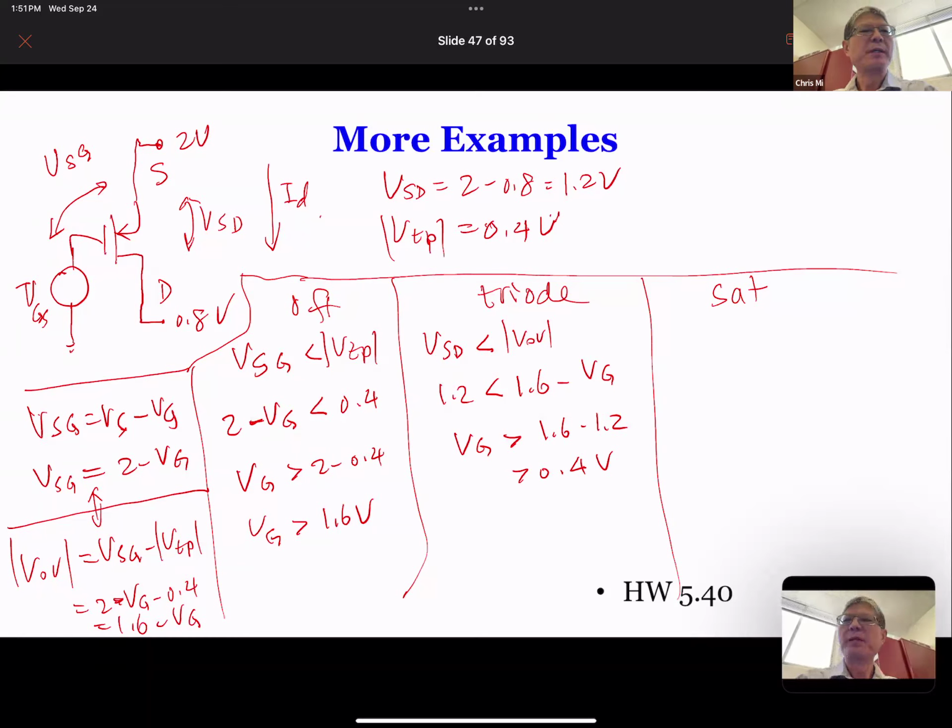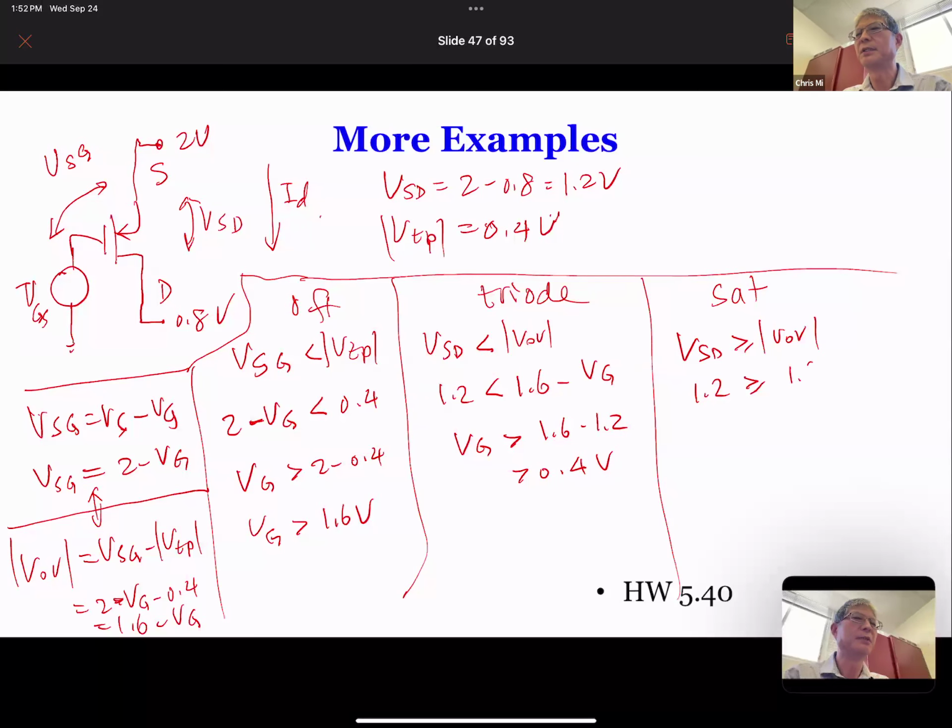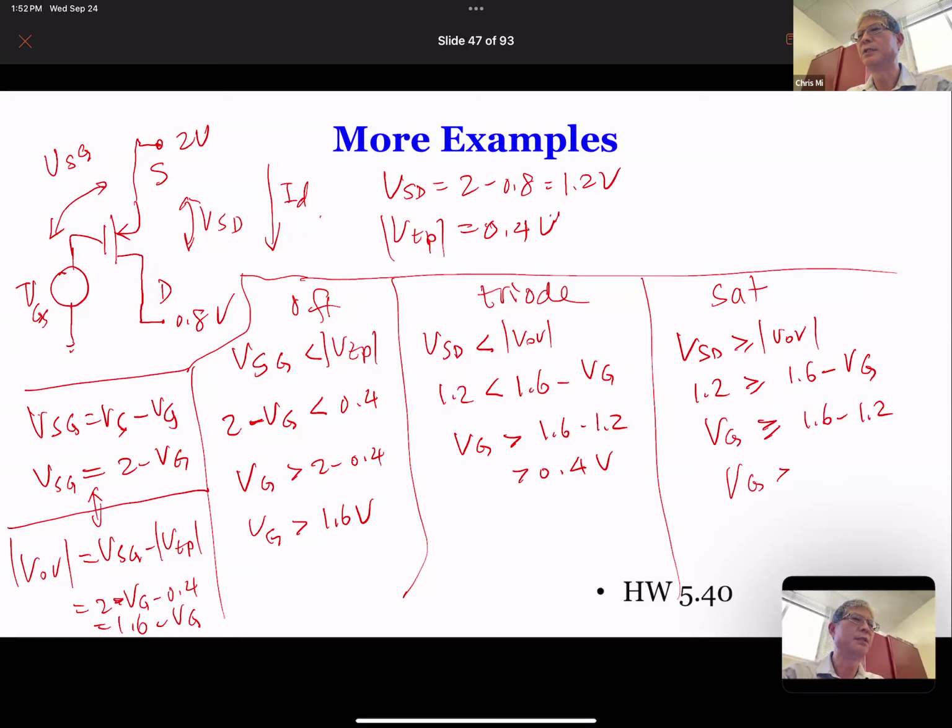And if it's in saturation mode, VSD has to be larger than VOV, which means 1.2 has to be larger than 1.6 minus Vg. So we can derive that Vg has to be more than 0.4 volts.